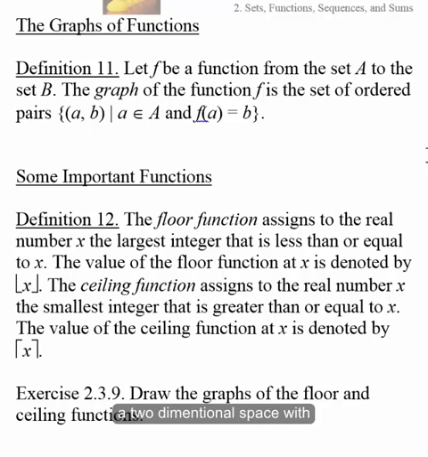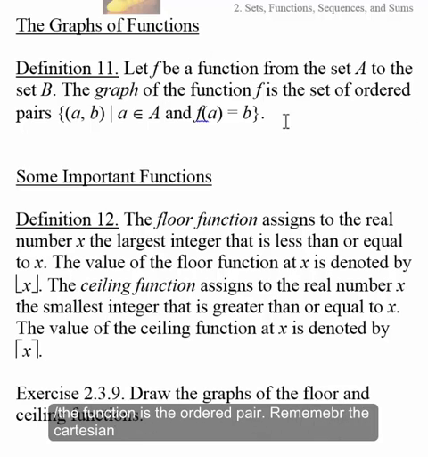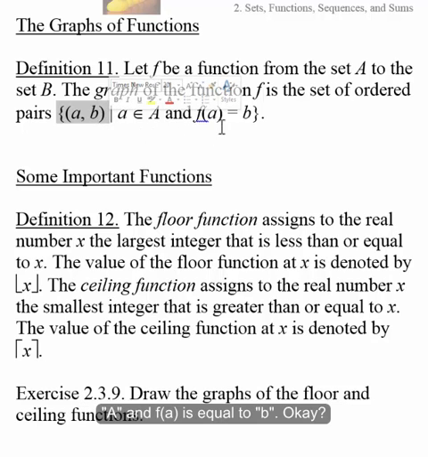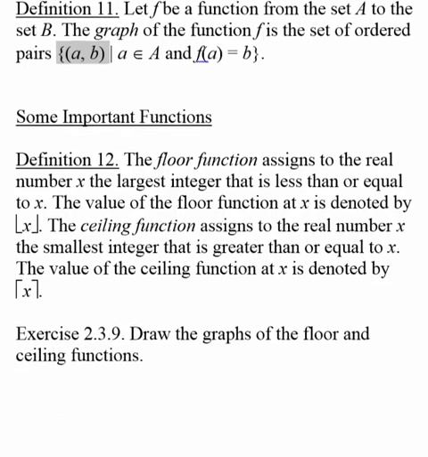Think about a two-dimensional space with the x-axis and the y-axis. The graph of the function is the set of ordered pairs, remember the Cartesian product, (a, b) such that a belongs to A and f of a is equal to b.